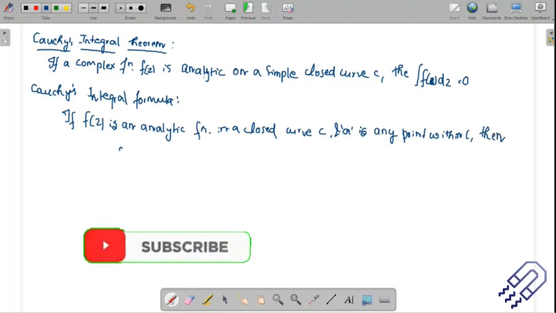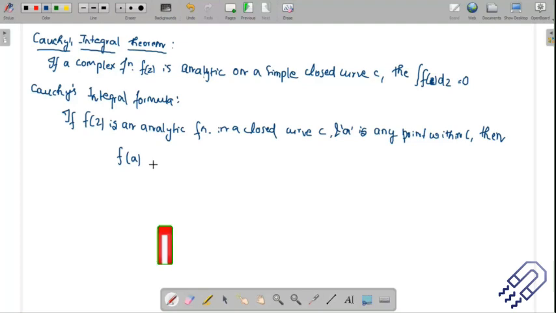Okay, we can directly replace the variable with a. It is equal to 1 divided by 2 pi i, integration of f(z) divided by z minus a.